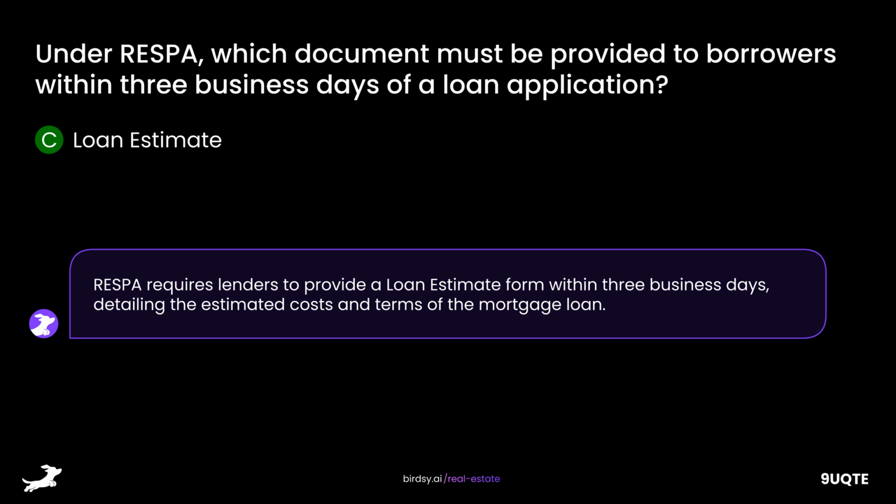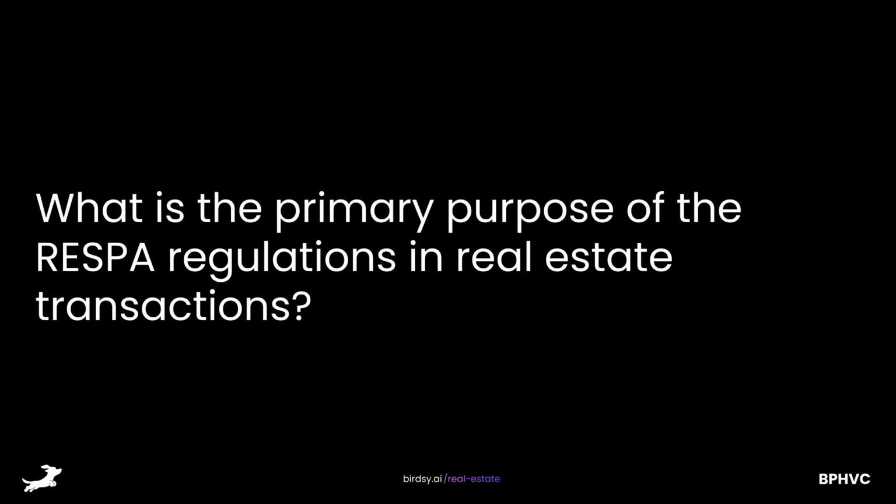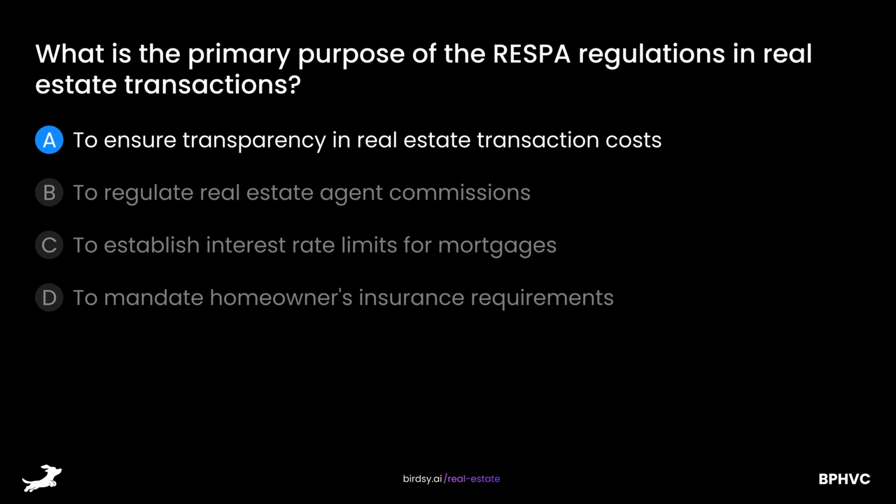RESPA requires lenders to provide a loan estimate form within 3 business days, detailing the estimated costs and terms of the mortgage loan. What is the primary purpose of the RESPA regulations in real estate transactions? Is it A, to ensure transparency in real estate transaction costs, B, to regulate real estate agent commissions, C, to establish interest rate limits for mortgages, or D, to mandate homeowners insurance requirements?